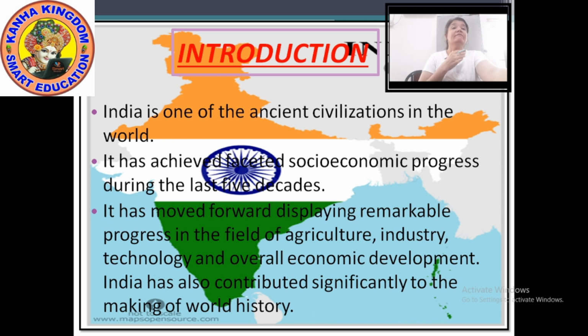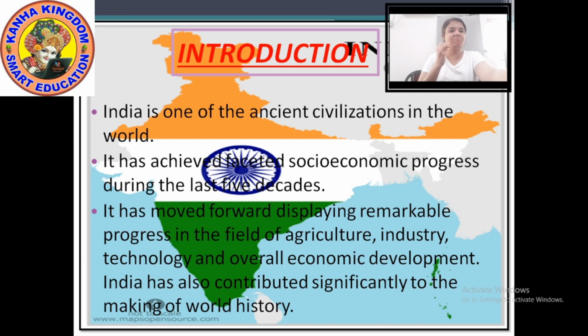So here we can say that during the last 5 decades, a decade means 10 years, so from the last 50 years or 5 decades, India has achieved socio-economic progress.